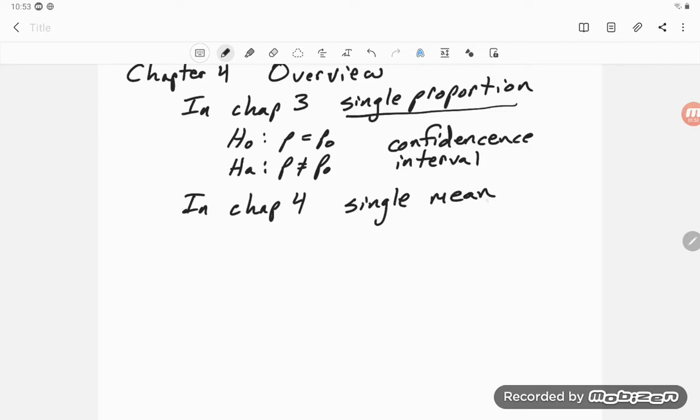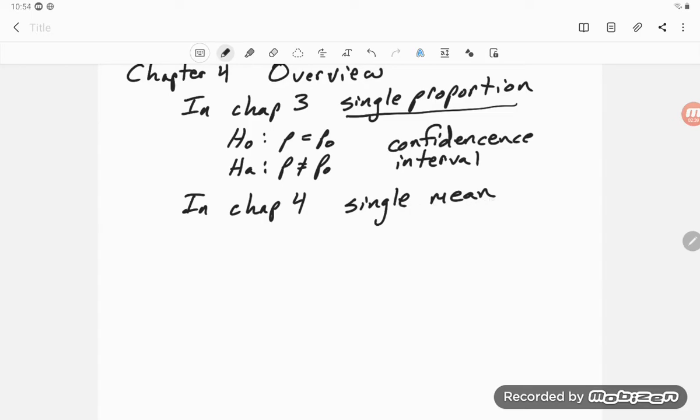And so now we're just looking at more general averages. Again, a proportion is an average because we take the number of successes divided by the total number of trials, and in essence we've got a bunch of ones and zeros and we take the average of that.